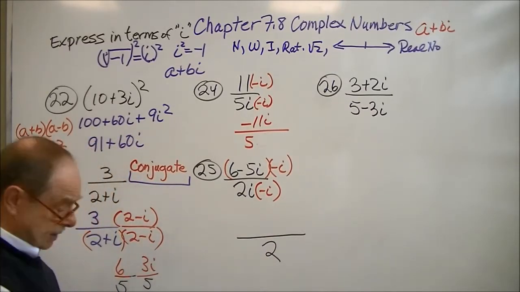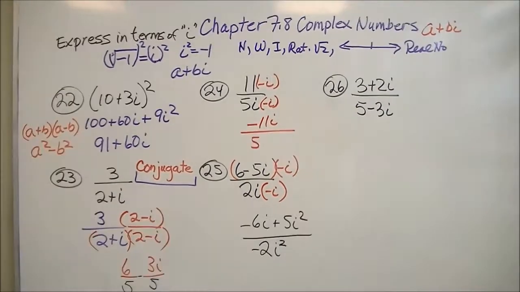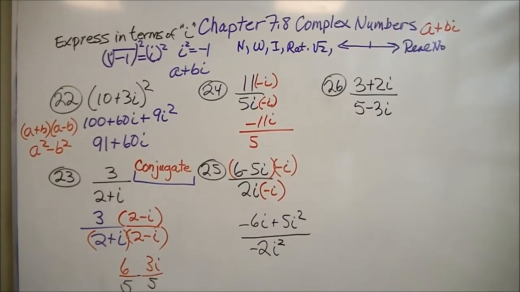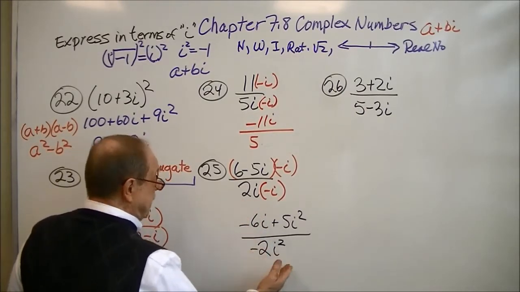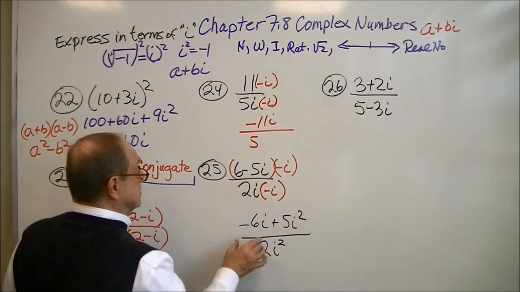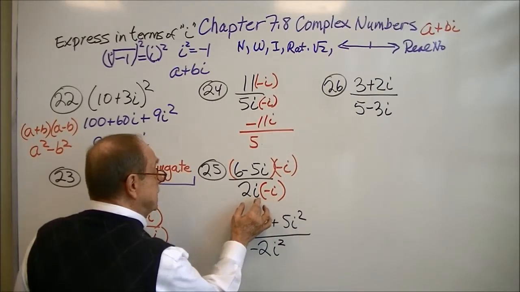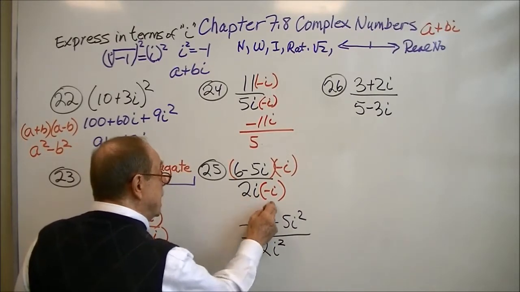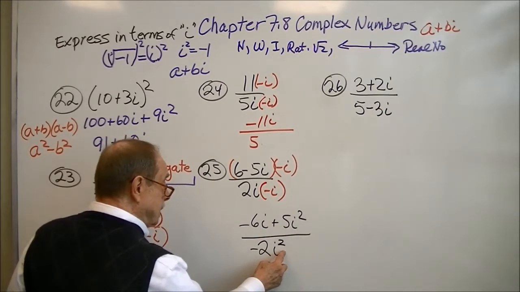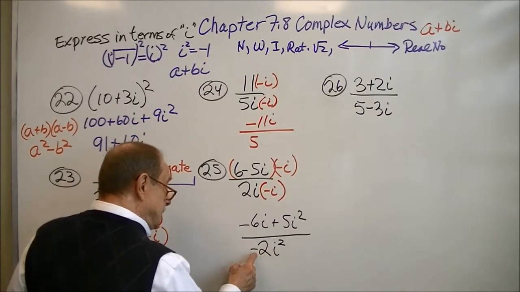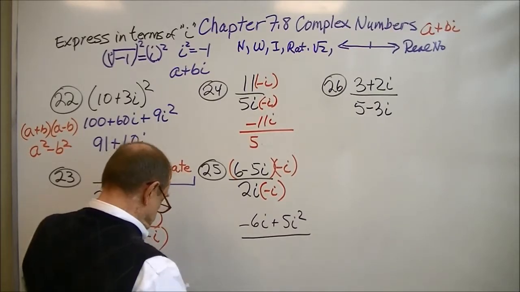Let me just be sure I'm doing that correctly. Yes, I was good on that. So again, if we just write it out, 2i times a negative i is a negative 2i squared. And i squared is a negative 1. A negative 1 times a negative 2 makes it a positive 2. And that's what I had.